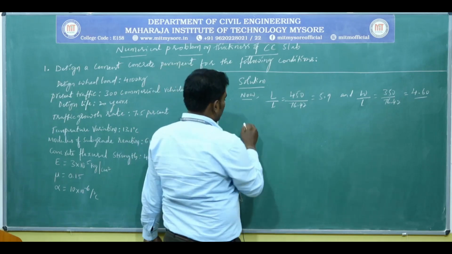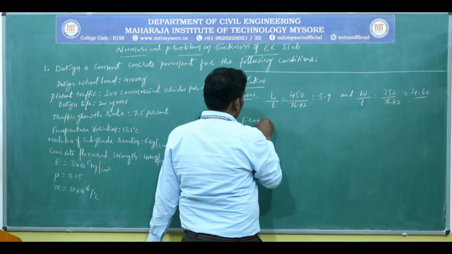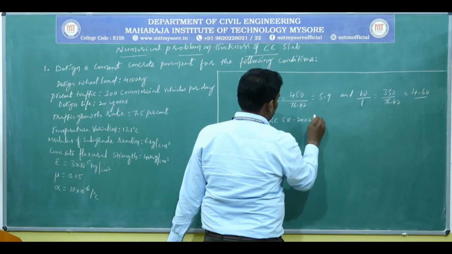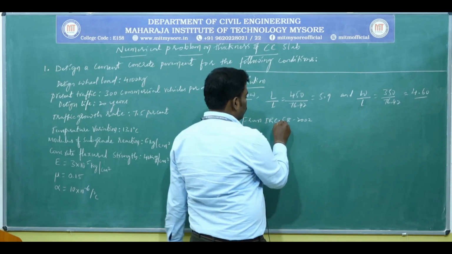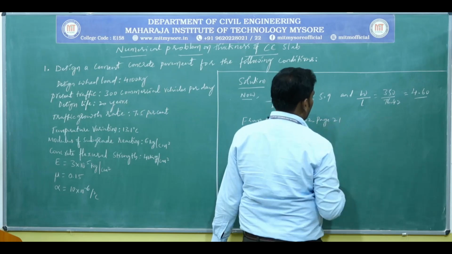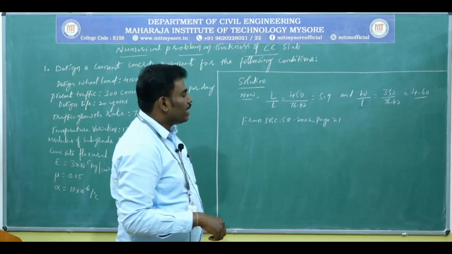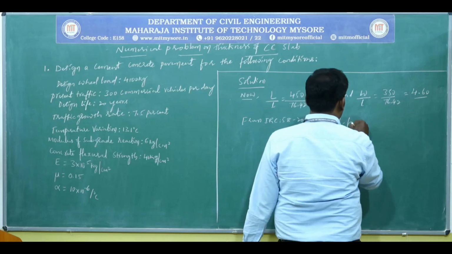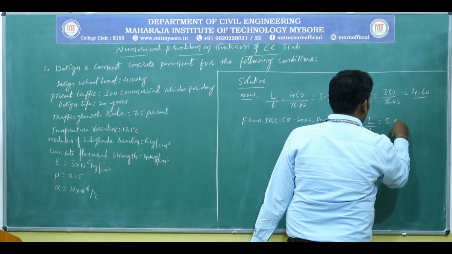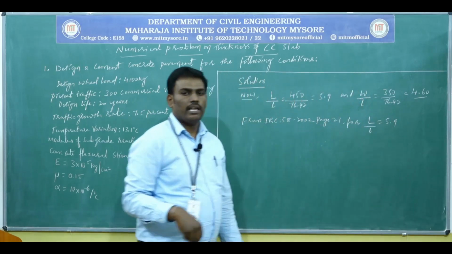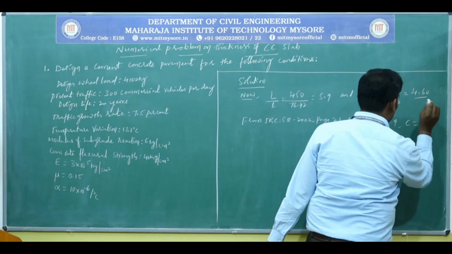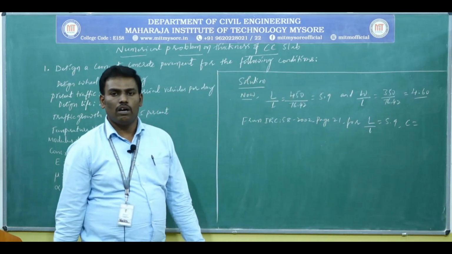See here, from IRC 58/2002, page number 21, for L by l equal to 5.9, the coefficient C is equal to how much?